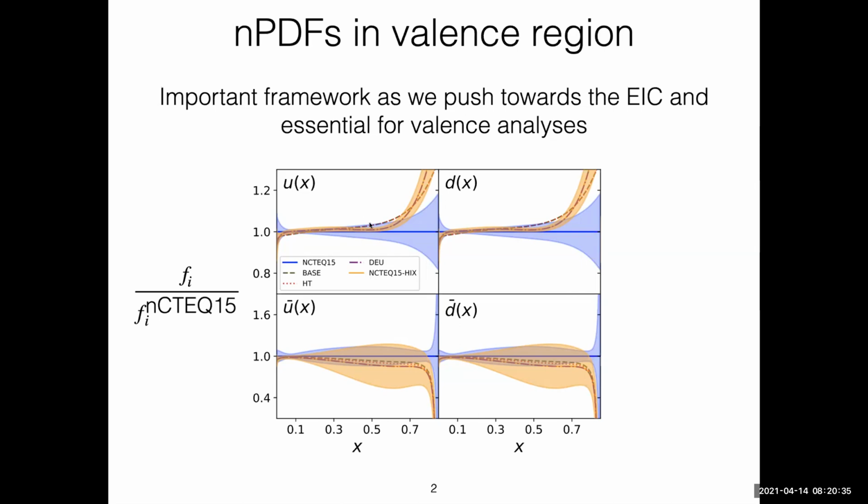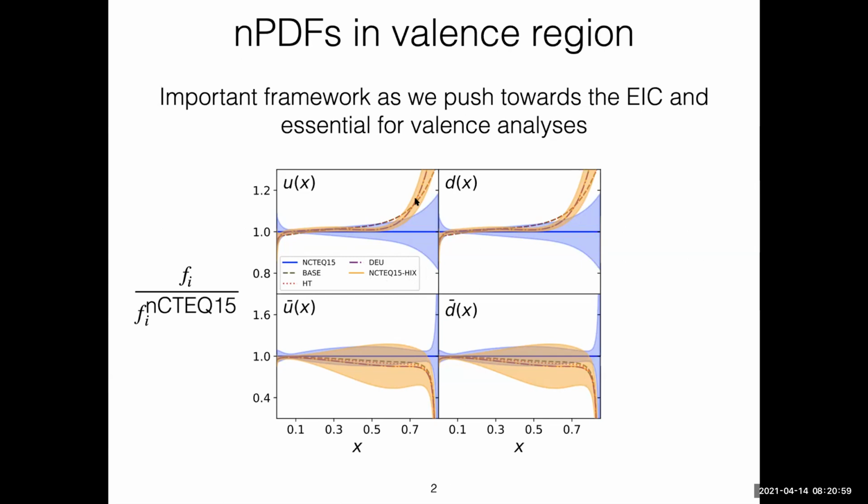What I'm showing here, and what I'll explain as I go through the talk, is how we extract the nCTEQ15HIX PDFs, which are the PDFs in the gold bands, relative to nCTEQ15. We see a markedly different behavior, especially at high x, where we have an increasing strength of the u and d PDFs as a result of new data and as we push into this valence region.